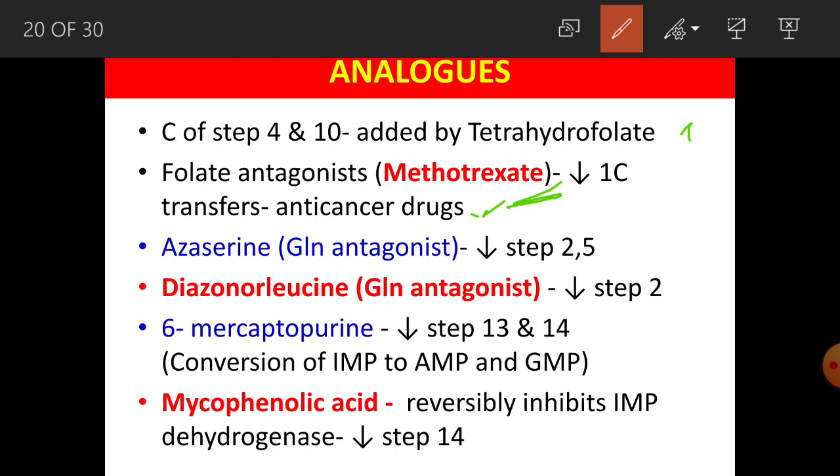Diazo-norleucine affects step 2. Similarly, 6-mercaptopurine affects steps 13 and 14. Conversion of IMP to AMP or GMP are all affected. Then mycophenolic acid reversibly inhibits IMP dehydrogenase, that is step 14 is impeded.